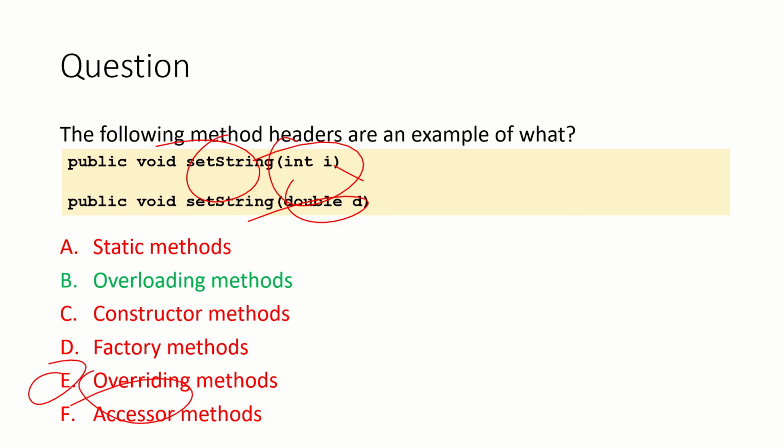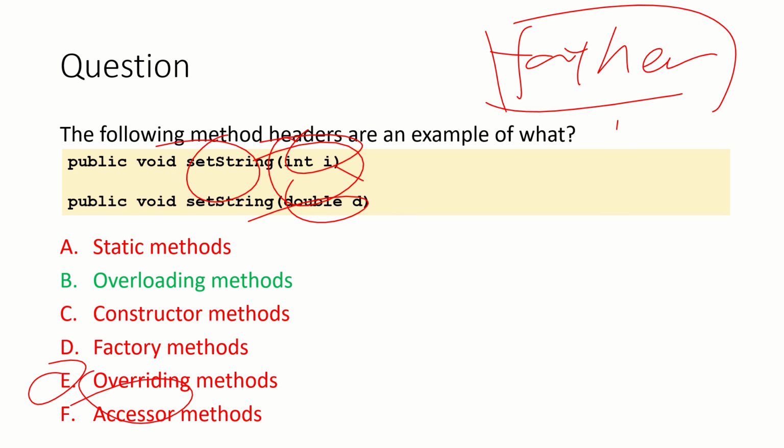Overriding is what? The same name, the same parameters, especially used with inheritance. If you inherit, like a father and another subclass, son.